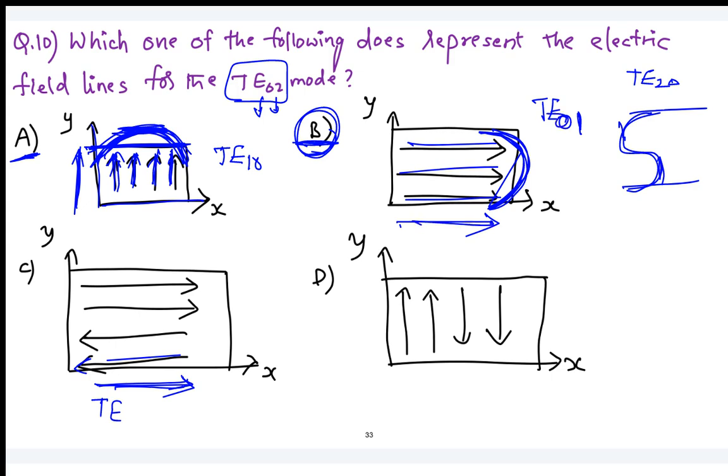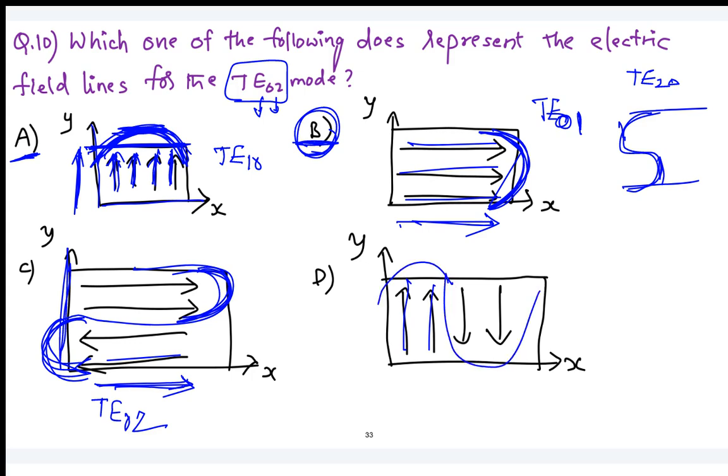Suppose you are moving along Y, you can see that some are located here and some are located here. You got my point now? Some are oriented in this direction, some in this direction. So in this Y direction, you will have two variations. So this is an example of TE02. Similarly, here some variation and here some variation.